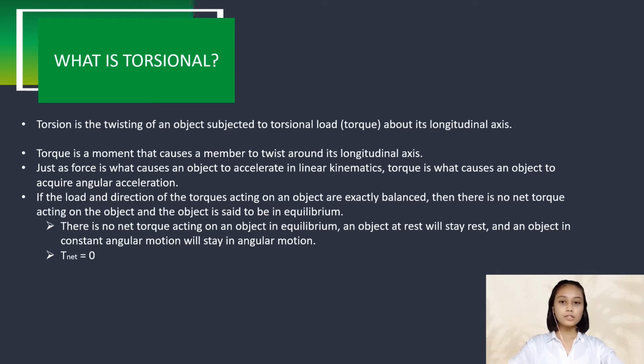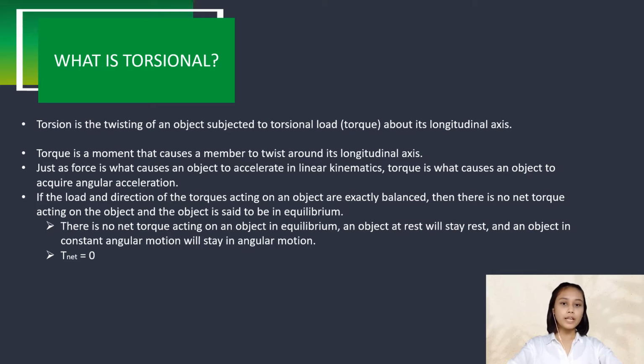So what is torsion? Torsion is the twisting of an object subjected to a torsional load, which is torque, about its longitudinal axis. What is torque? Torque is a moment that causes a member to twist around its longitudinal axis. Just as force is what causes an object to accelerate in linear kinematics, torque is what causes an object to acquire angular acceleration.